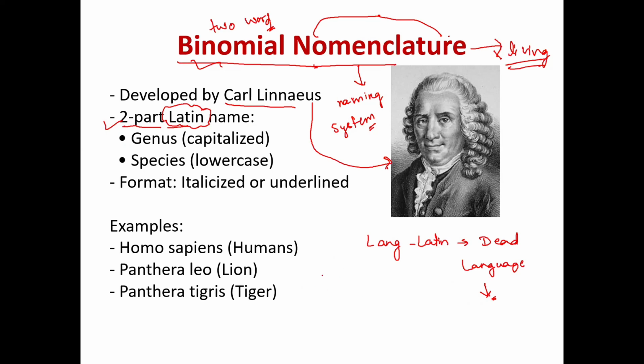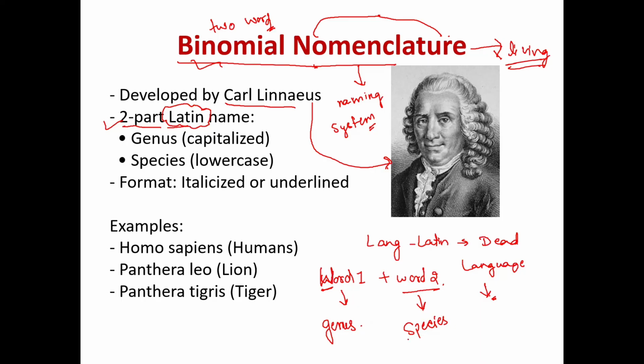If there are two words, word 1 plus word 2, we give two words for naming. Word 1 always represents the genus. Word 2 always represents the species. The first letter of the genus must be capitalized.